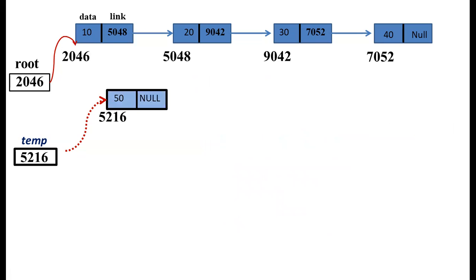If the root value is equal to null, that is nothing but no nodes in the list, so temp is placed into the root. But writing the logic in the else block is our concept. So this is very simple.